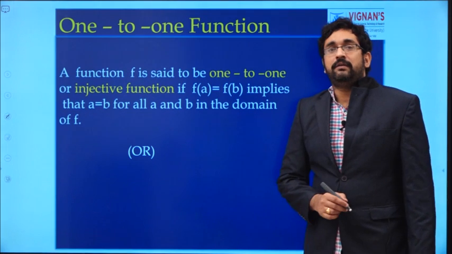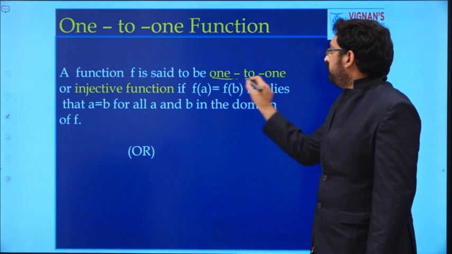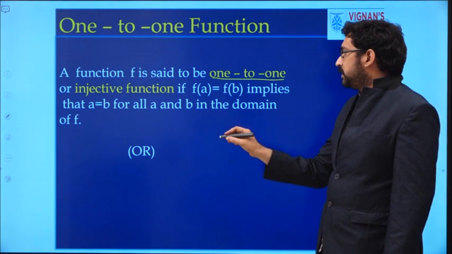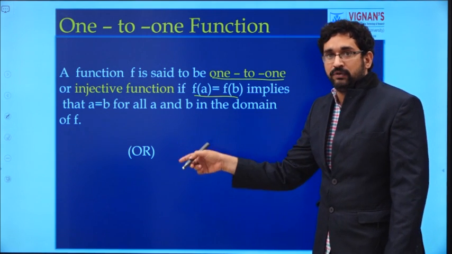Next we will define one-to-one function. So if f is a function, then it is said to be 1-1 or an injective function if f of a equal to f of b implies a equal to b.